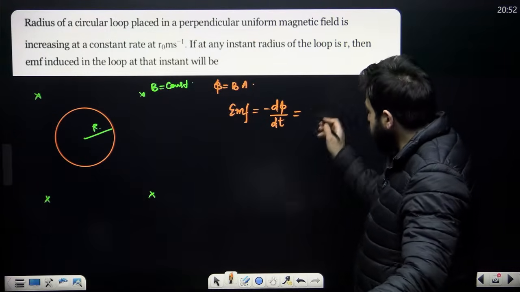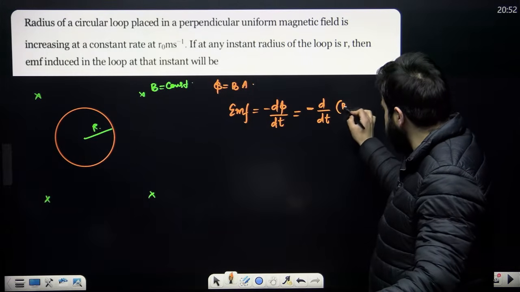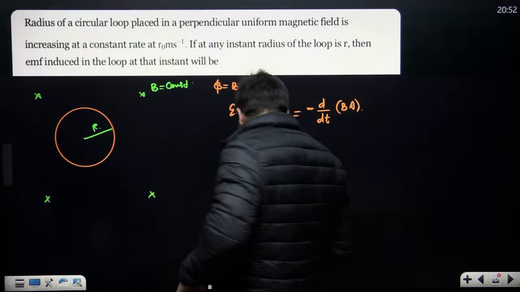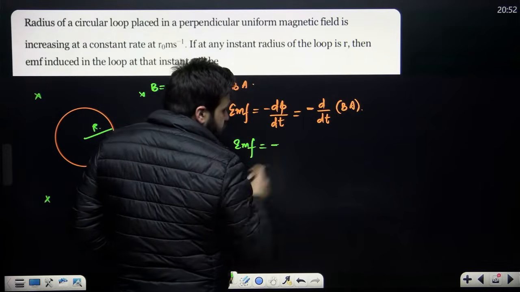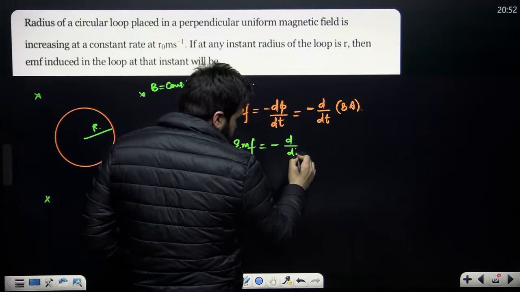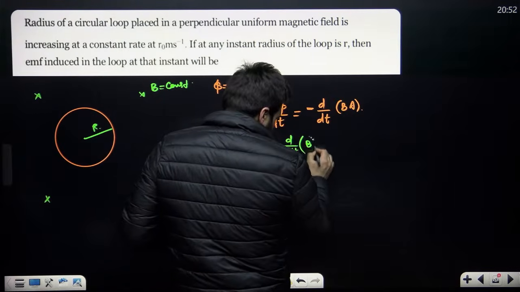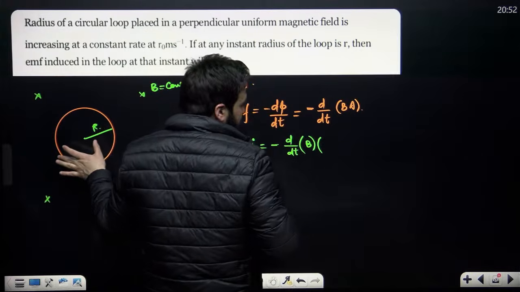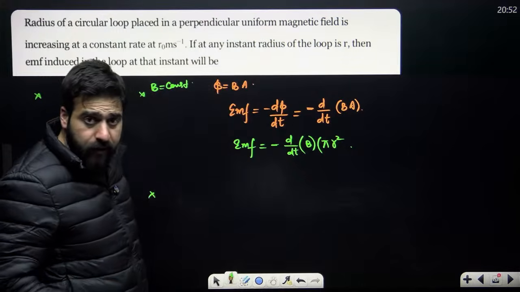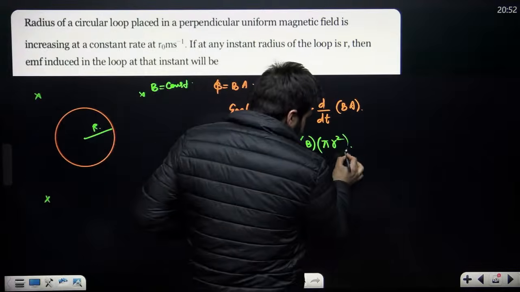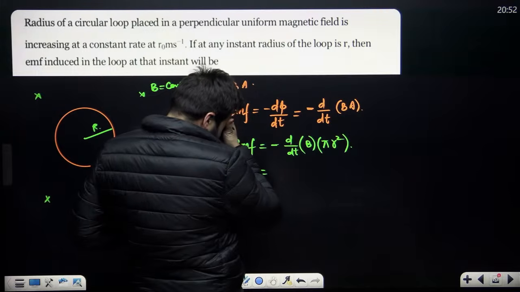That will be minus d divided by dt of flux. Flux is magnetic field into area. So EMF is minus d divided by dt of B into area. Magnetic field is given as B. Area of this loop is pi r square. Now take common: B is constant, pi is constant.